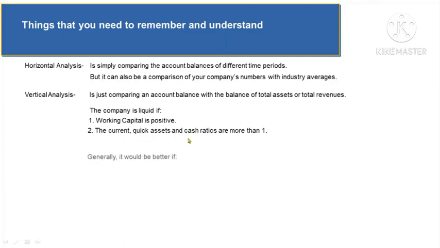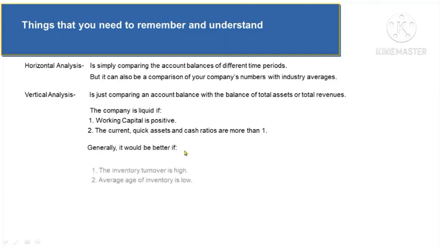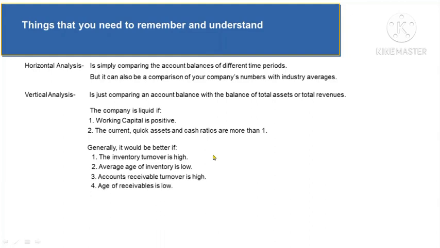Aside from that, it would be better if the inventory turnover is high and the average age of inventory is low, because this means that your inventories are sold faster. And of course, it's better if the accounts receivable turnover is high and the age of receivables is low, because that means your customers are also paying faster.